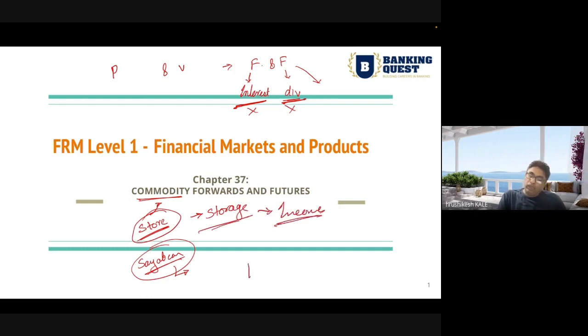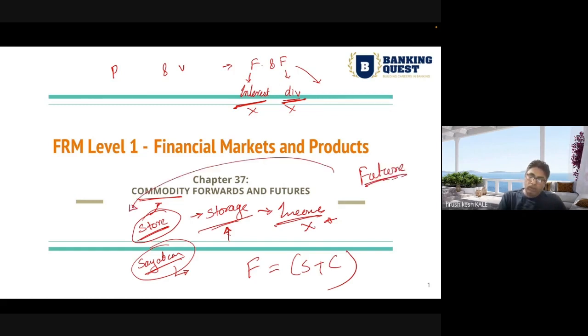Now, while calculating the forward price, we always subtracted the income, right? What will happen to the costs? We will have to add the costs, because the cost will not be borne by the future person who is borrowing, but by the person who has the commodity.